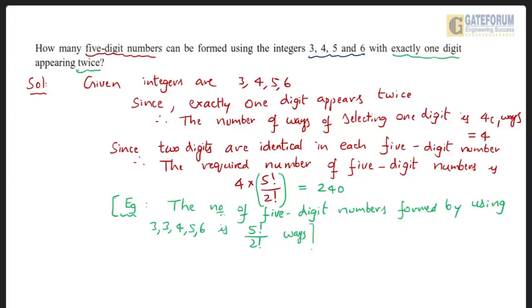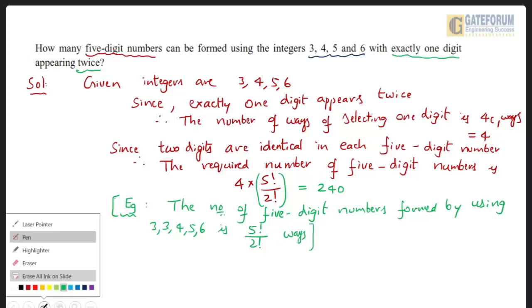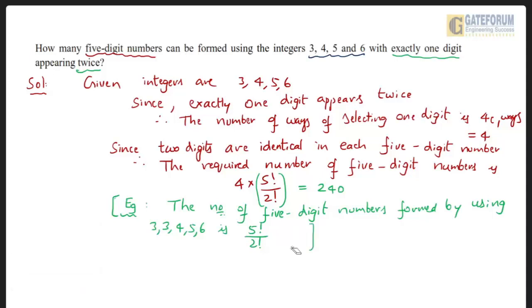Here 3 is repeated twice. Actually 5 digits here, 5 factorial, 1 digit is repeated, that's why divided by that number of factorial.